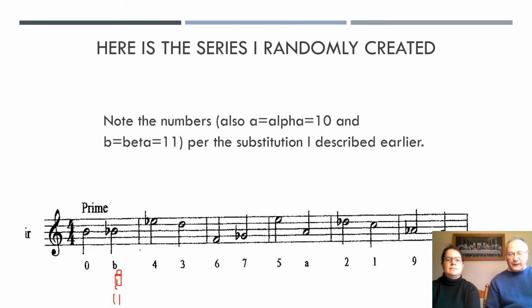For the alpha, 10 may be a useful substitution also. So the row formed is B flat, E flat, D, F, G flat, E, A, D flat, C, A flat, and G is hiding a little bit. So that's the series that Cindy created.